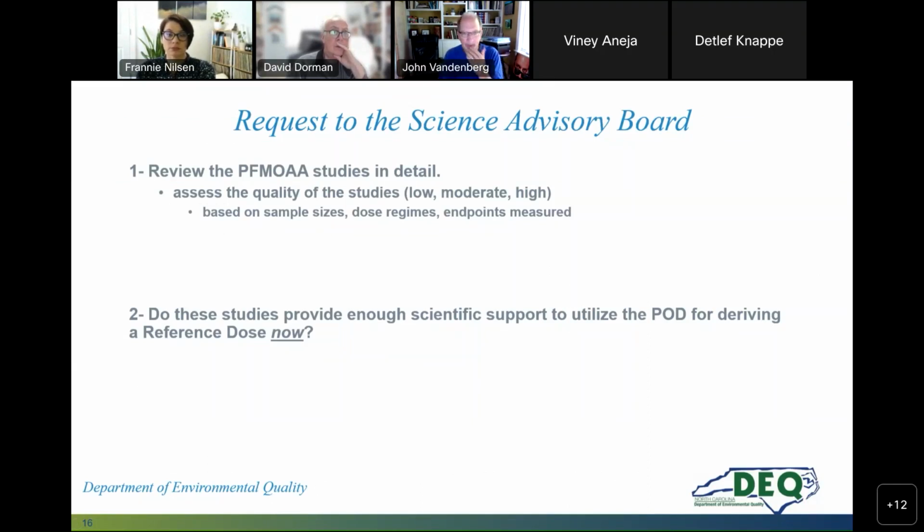And when we talked about this in June, it seems that in the past, it's gone both ways, that the board has reviewed the science and created a report, provided it to the state, or the board has reviewed what the state has produced and provided recommendations about any changes or essentially approval of that.